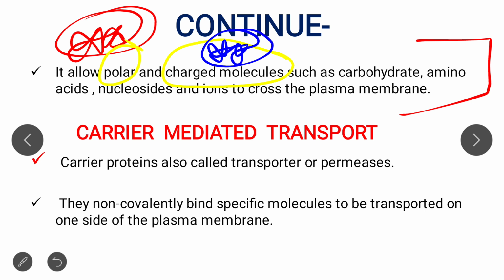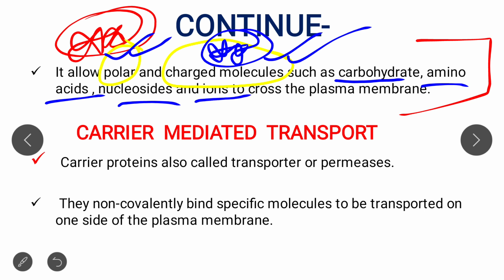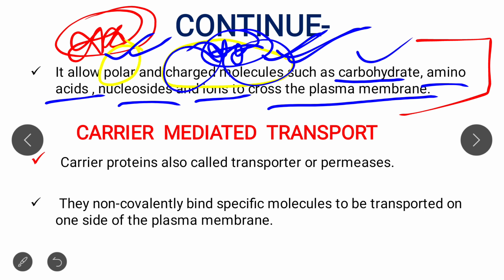So facilitated diffusion allows polar as well as charged molecules such as carbohydrates, amino acids, nucleosides, ions to cross the plasma membrane.